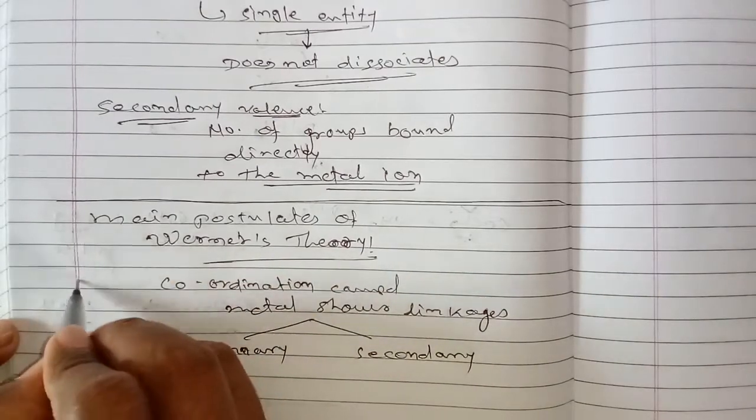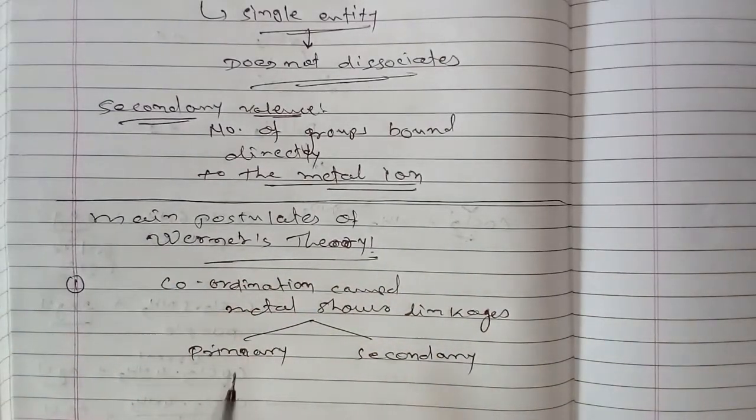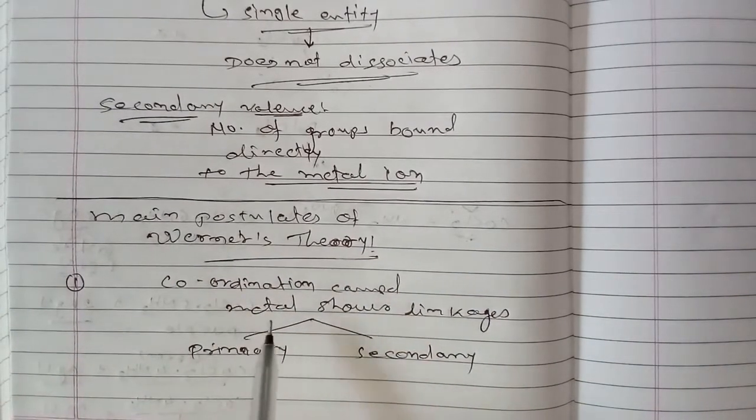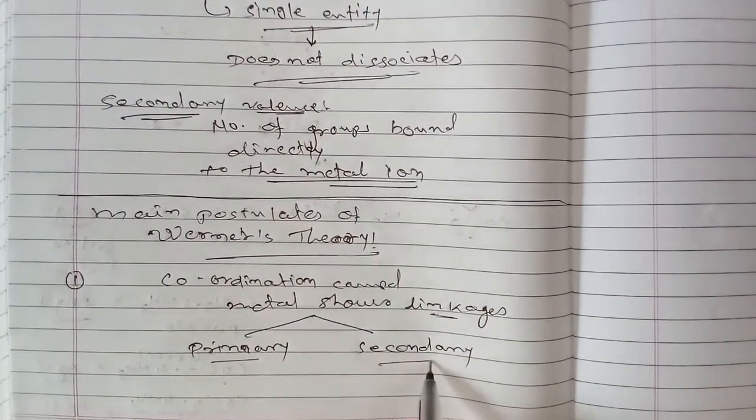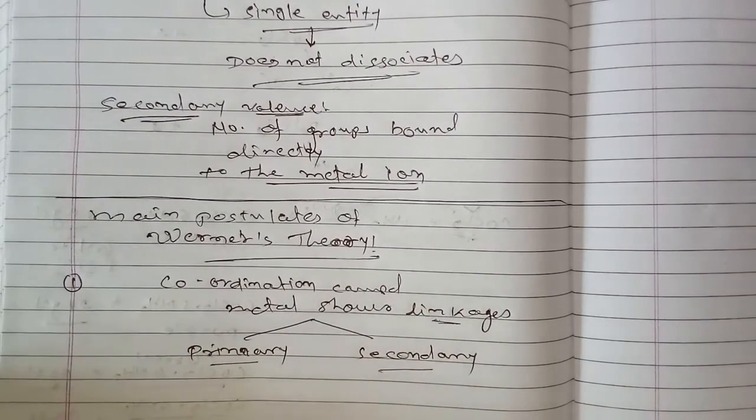Here the first postulate: in a coordination compound the metal shows two linkages. Number 1 is primary, number 2 is secondary.